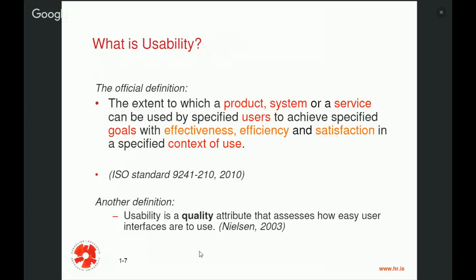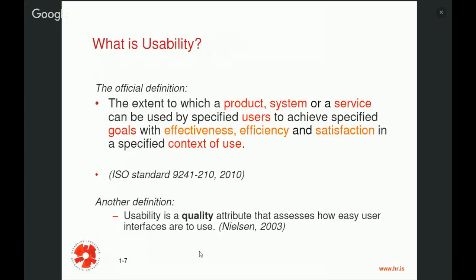There's another definition here, which is maybe a little bit easier to understand. Usability is a quality attribute, meaning it's non-functional. It's something that gives the product some quality, and you can measure the quality, that assesses how easy user interfaces are to use.